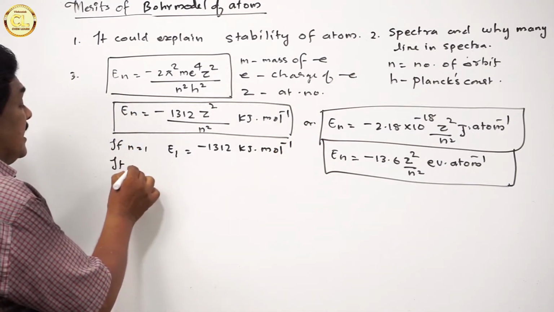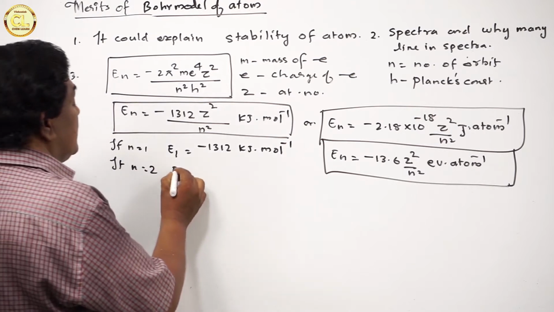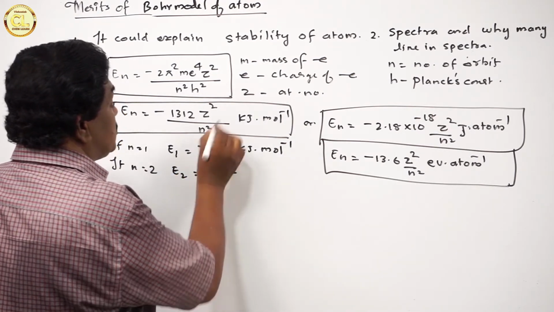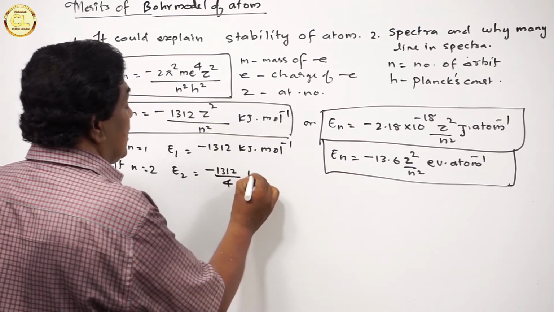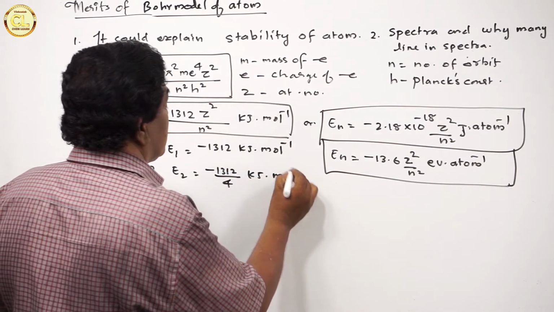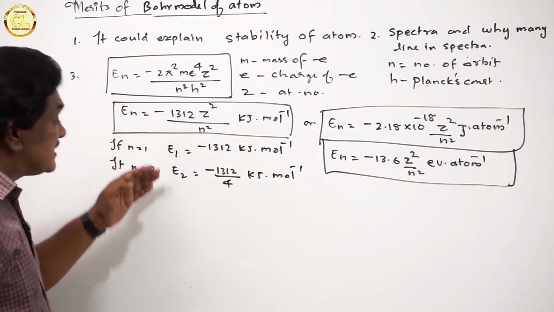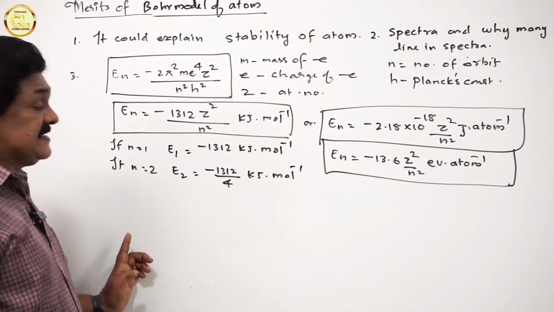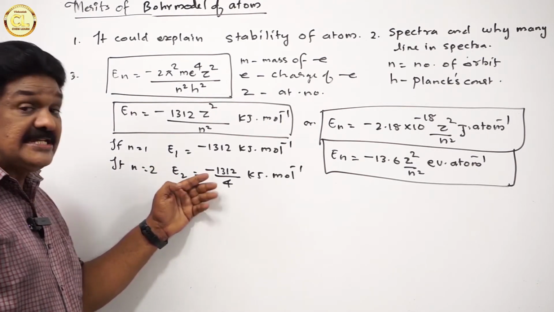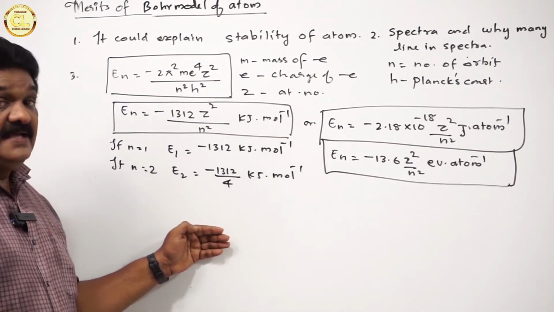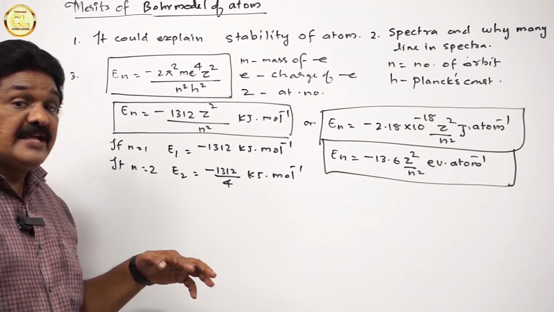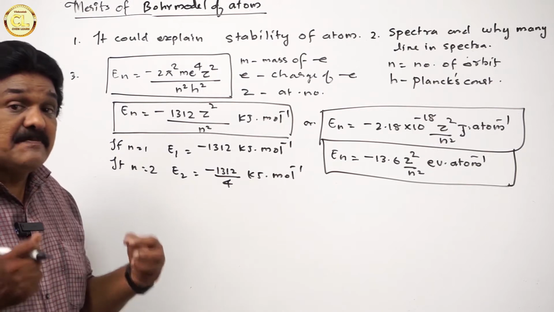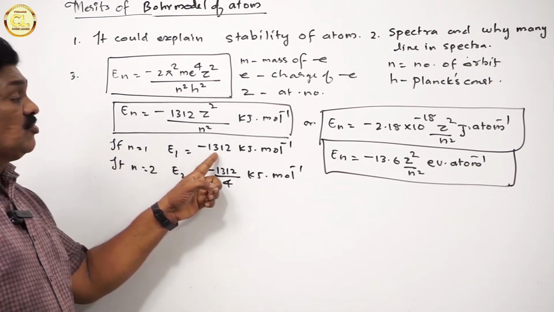If n is equal to 2, E2 is equal to minus 1312 by 2 square, that is 4 kilojoules per mole. See, from this it is clear that as n value increases, the negative value of energy decreases. That is, the positive value of the energy increases. The energy value is minimum when n is equal to 1.